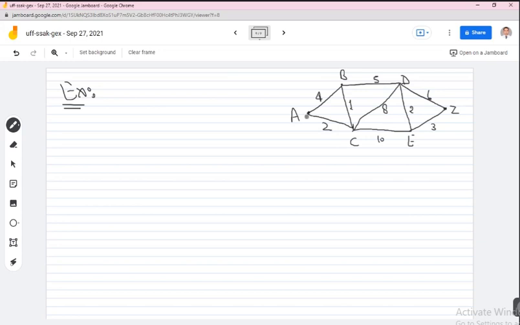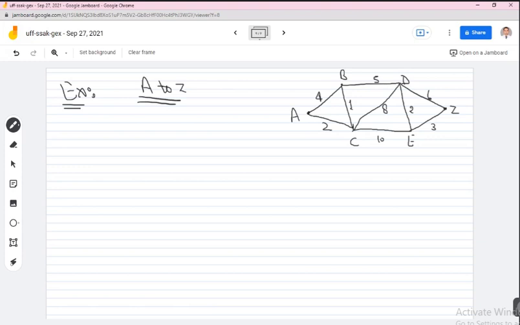I have to find the shortest path between A and Z. So how can you check? One path is this one. Second path. Third path. There are a lot of paths from A to Z, but we have to choose the path which has the least length.